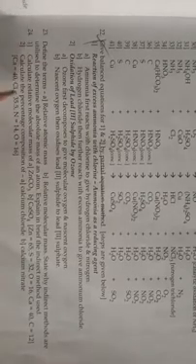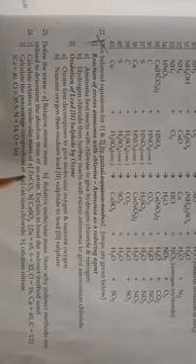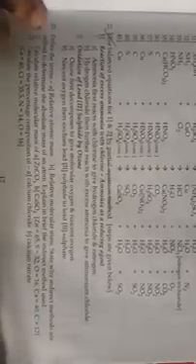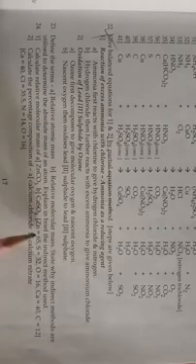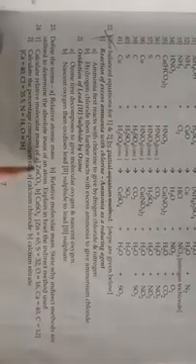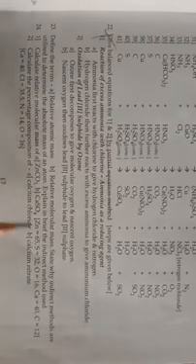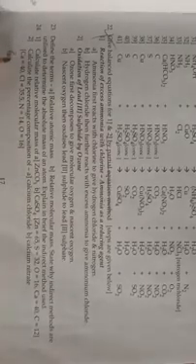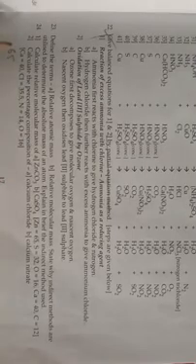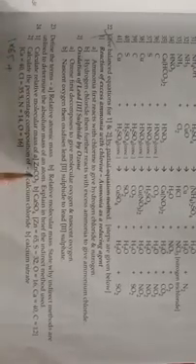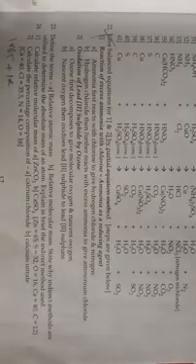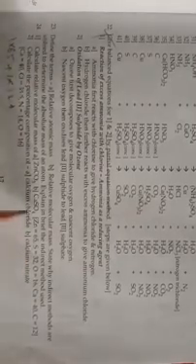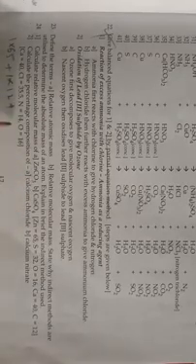And then question number 24, calculate relative molecular mass of zinc carbonate and calcium sulfate. Atomic masses are given here. For example zinc carbonate, zinc is 65, one atom of zinc is present, so 1 into 65, plus carbon 1 atom, 1 into atomic mass of carbon is 12, 1 into 12, plus oxygen 3, so 3 into 16.